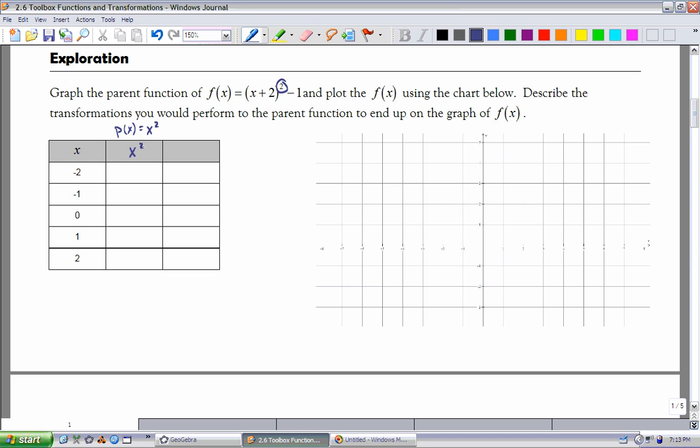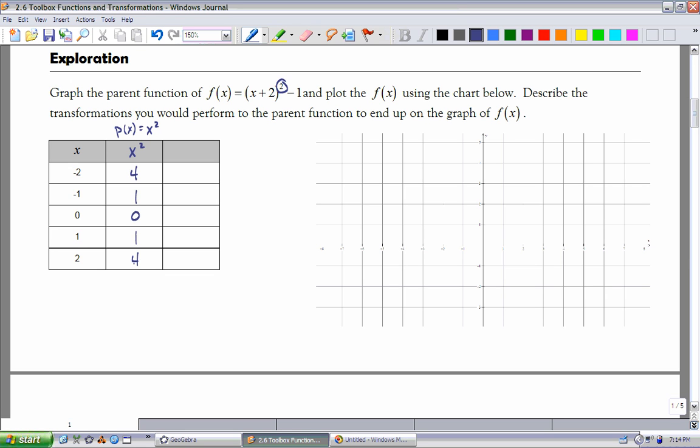So really what we have here, we're going to graph that in blue, is x squared. Now if we wanted to graph x squared, we have the chart up above, but I would put in -2 and square it, which would be 4, -1 and square it, which is 1, 0 and square it, which is 0, 1 in, square it, which is 1, and put 2 in and square it, and that's 4.